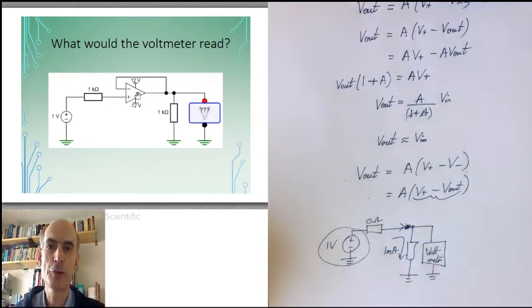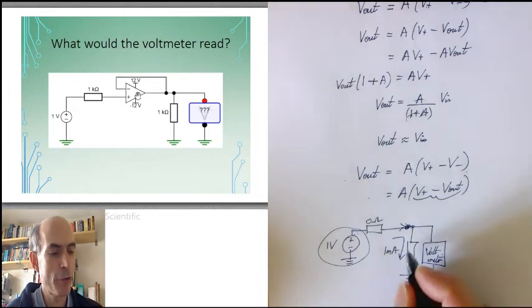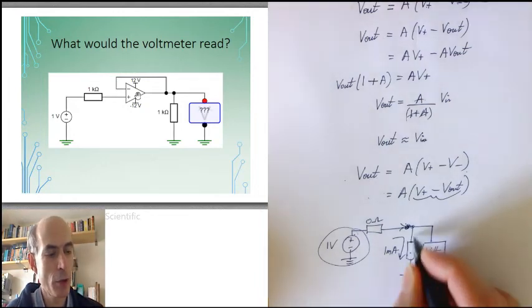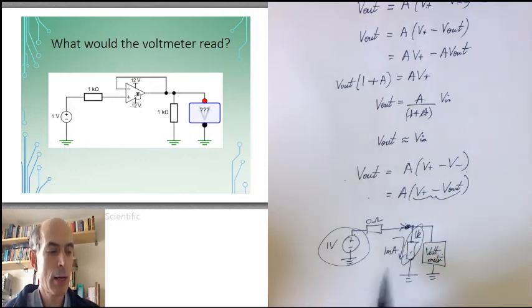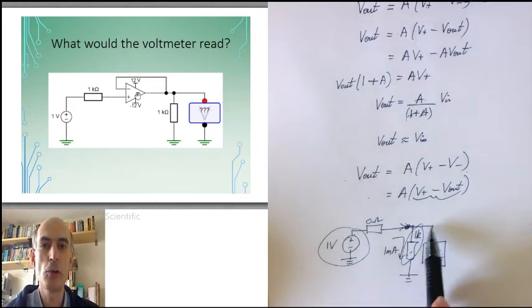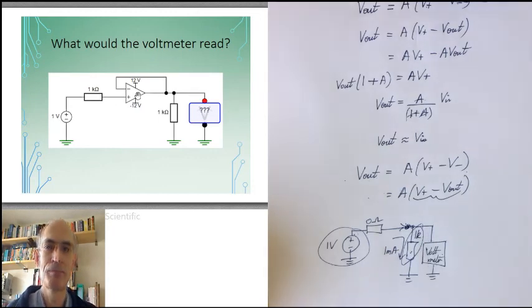This has solved the problem of circuit loading that we discussed in an earlier video. I could change the value of this resistor here, this 1K resistor. I could make it anything I liked, and the voltmeter would still read 1 volt.